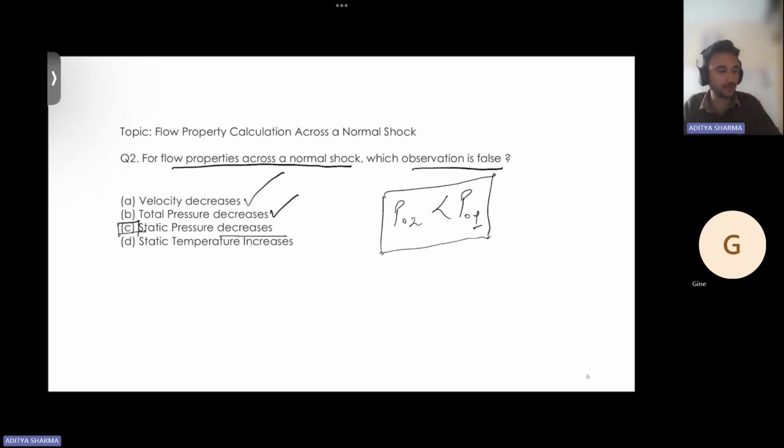So I believe we have this relation also. Static pressure ratio relation also we have there, all right. So this relation says mathematically, if we see, this is this relation.